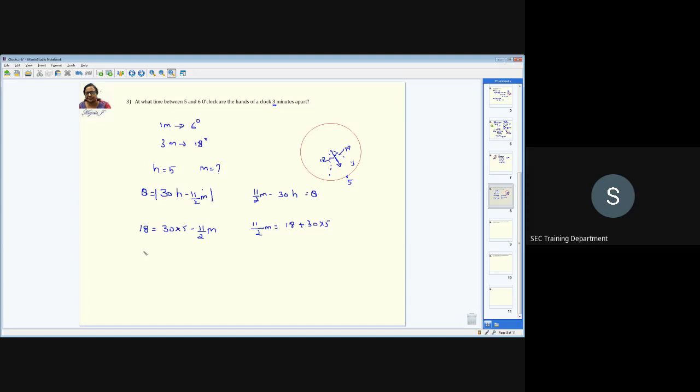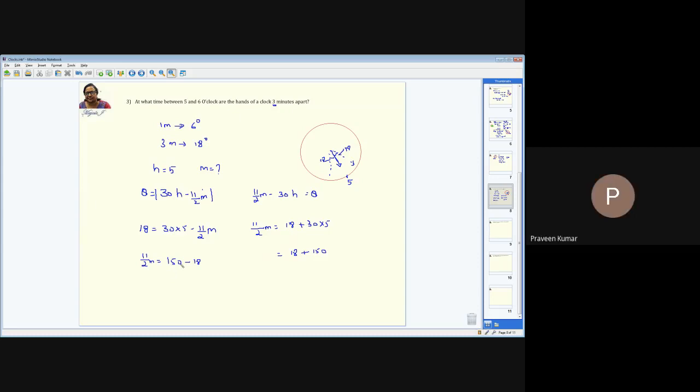So here 11 by 2M equals 150 minus 18, and the other case 11 by 2M is equal to 18 plus 150. So you're just adding in one case and subtracting in the other case.